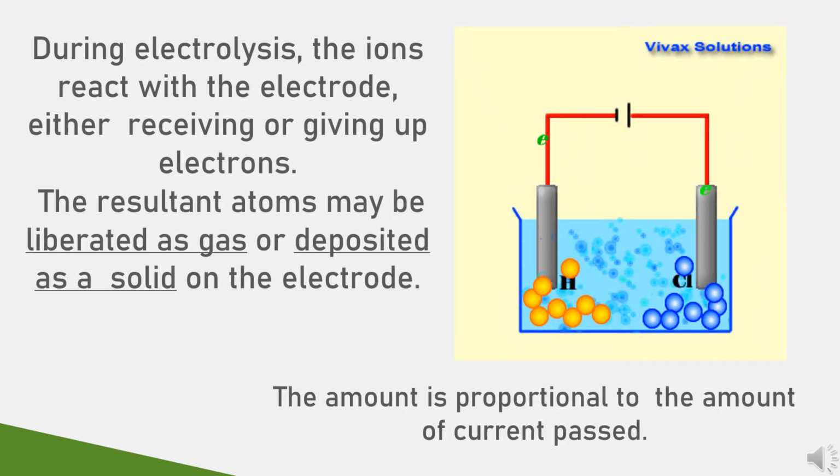During electrolysis, the ions react with the electrode, either by receiving or giving up electrons. The resultant atoms may be liberated as gas or deposited as a solid on the electrode. The amount is proportional to the amount of current passed.